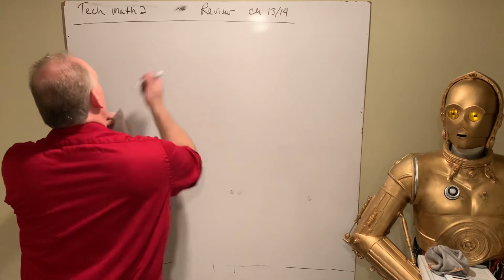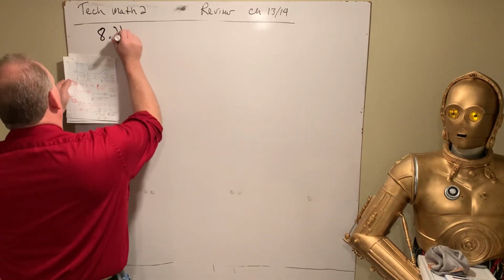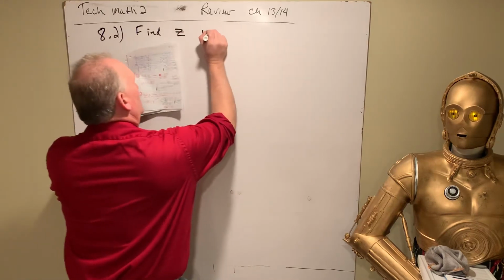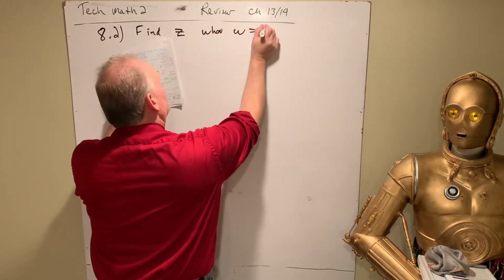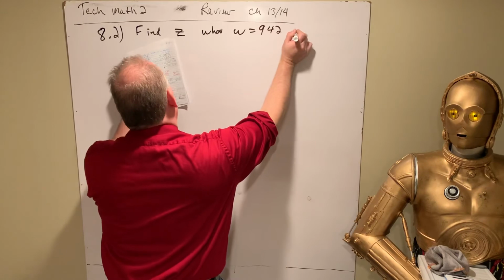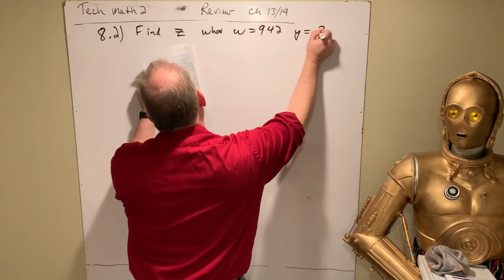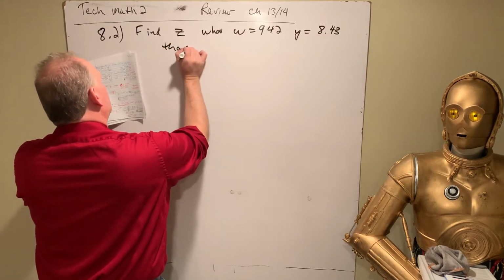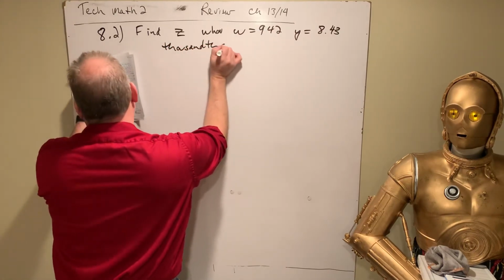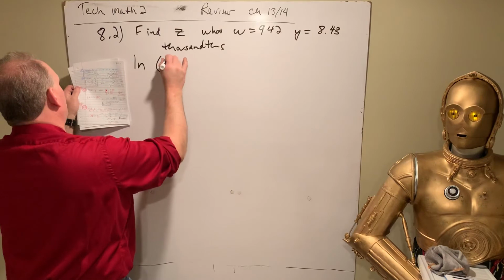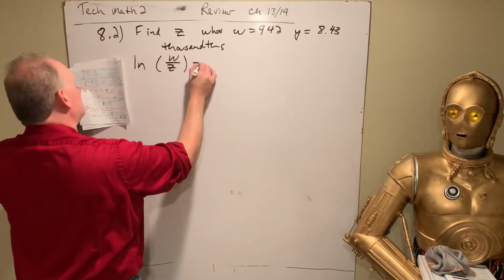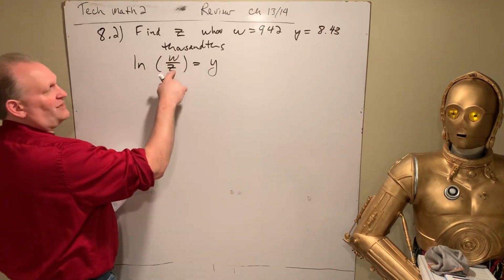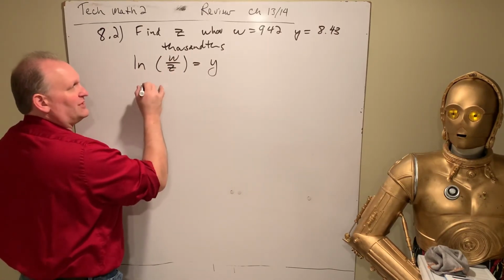So let's take a look. The made up one, so this is like on the test, find z when w is 942, y is 8.43, and round to thousandths. Only this time, ln of w over z is equal to y. See what they're doing? They want us to find this, which is embedded in with the log.